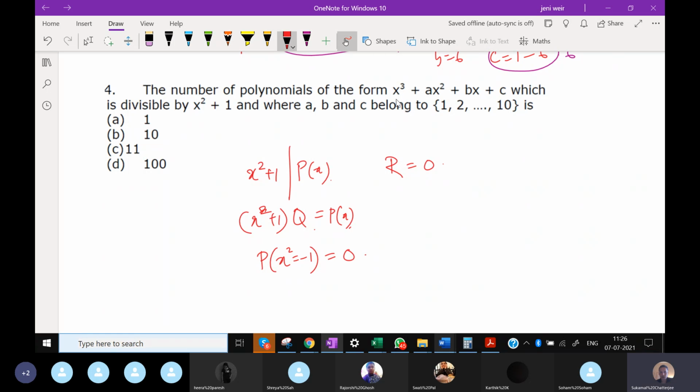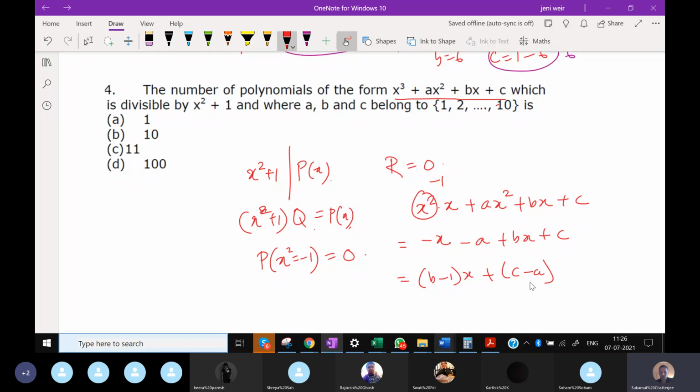If I put x square equal to minus 1 in this, what do I get? I have x square into x plus ax square plus bx plus c. In place of x square, we put minus 1. So minus x minus a plus bx plus c, which is (b minus 1) into x plus (c minus a).